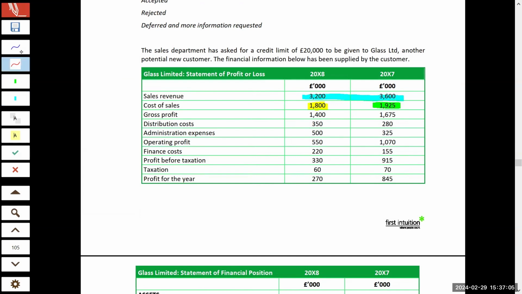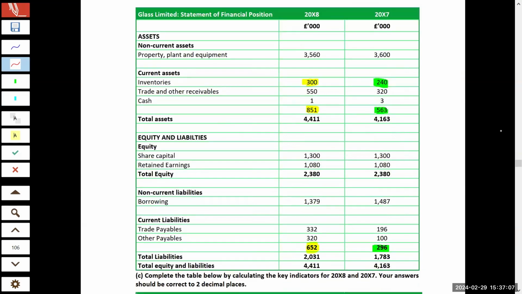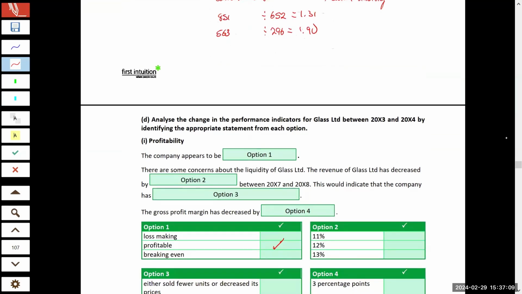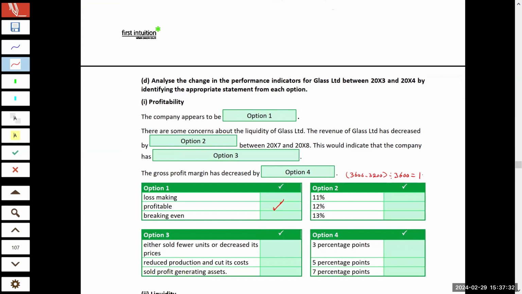And just essentially work out the percentage difference between the two. So just divide it by the 3,600. Again, there's different ways of working out percentages, so whatever way you prefer to do it is fine, but ultimately, you'll get to the point where we can define it as 11%.